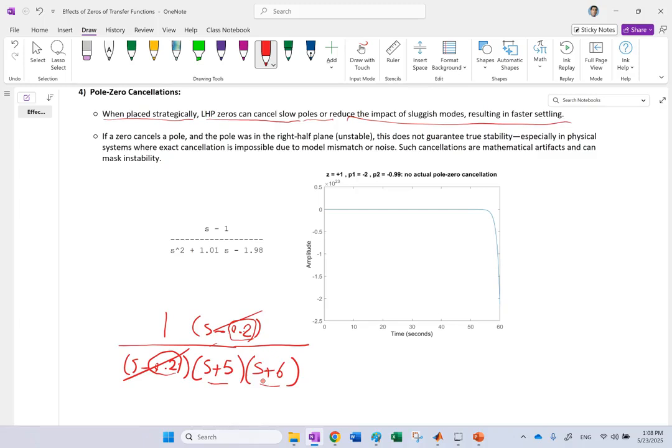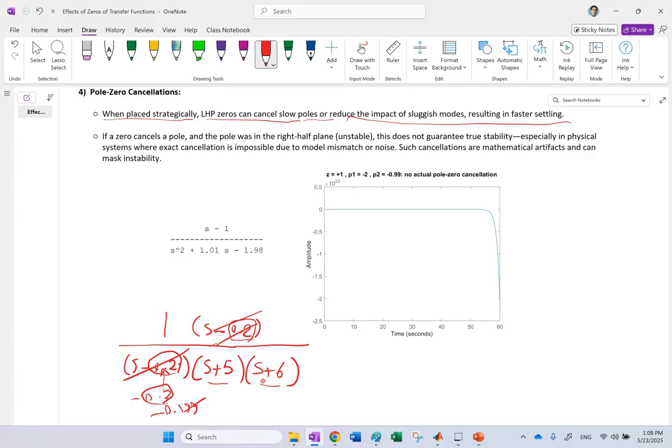Now, if you don't know the values of mass, spring, or damper very, very accurately, there is a small imperfection in it. Guess what? You think this number, based on the M, C, K, should be 0.2, right? Negative 0.2, and therefore you add a zero at negative 0.2 here. But in reality, this number that comes from system parameters was not exactly 0.2, it was like 0.199, okay? It's a very small difference. Now, these two will not cancel each other.